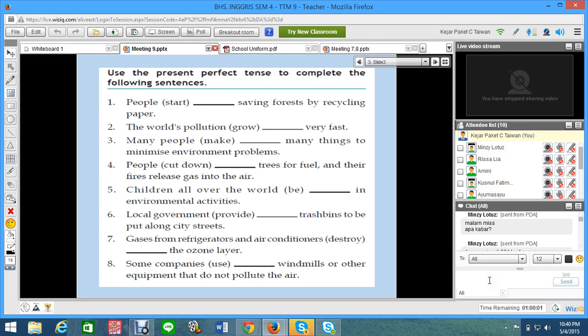Oke, nomor 1 sudah bisa ya. Oke, number 1. Oke, siapa yang sudah bisa boleh? Who wants to start? Siapa yang mau mulai? Oke, number 1.